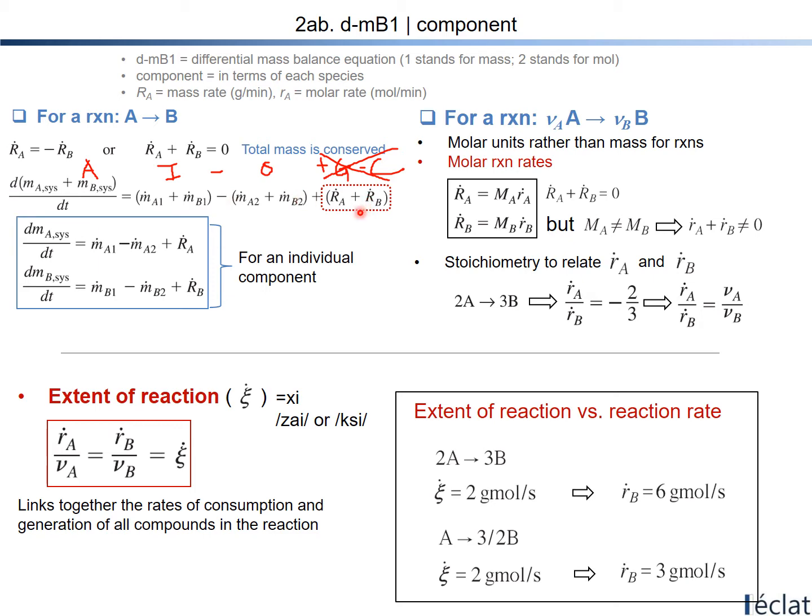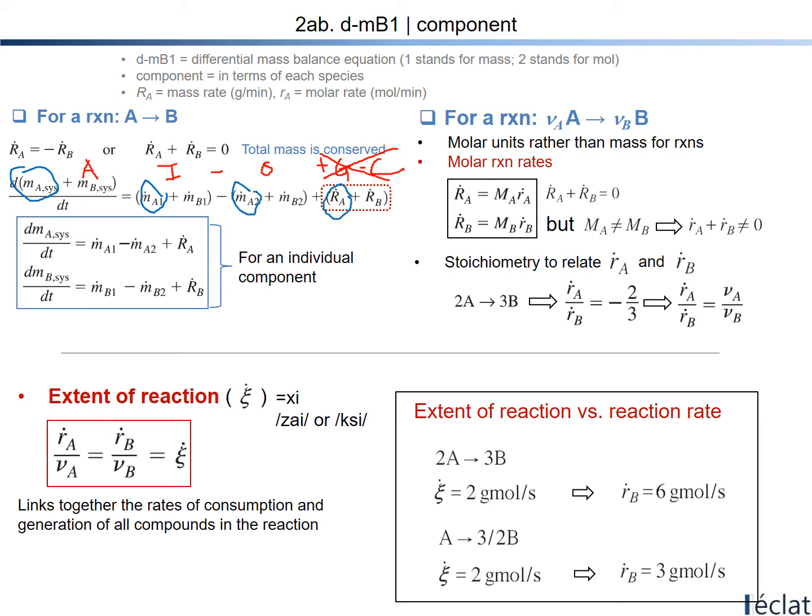Then I'd like to split those equations into the equation for component A and the equation for component B. So I'd like to get together the terms about component A. So this one and this one and this one and this one.